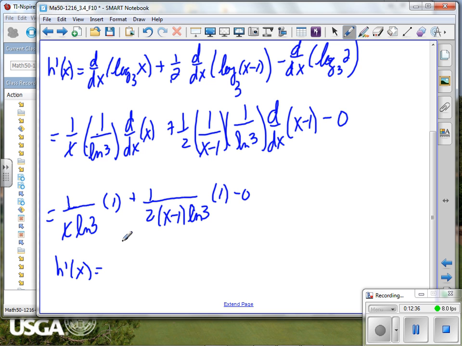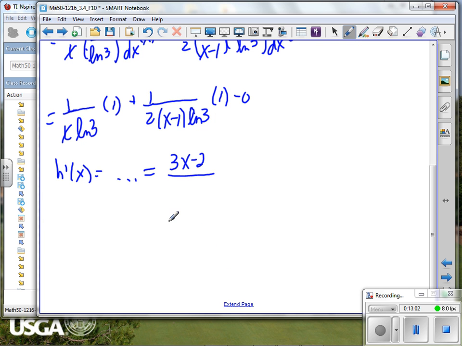Now, we could leave it like that. However, I will tell you that if you check this on the Inspire, you're not going to get 1 divided by x natural log 3 plus 1 divided by 2 quantity x minus 1 natural log 3. You're going to get something like this. Let me just give you what that is: 3x minus 2. What they've done is just write it as 1 fraction, not as 2.